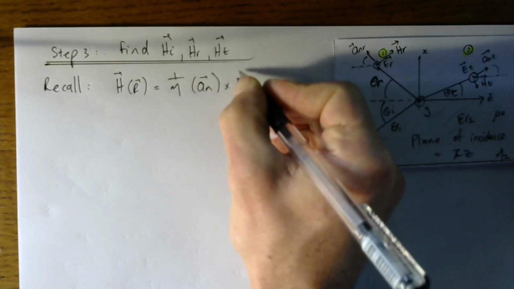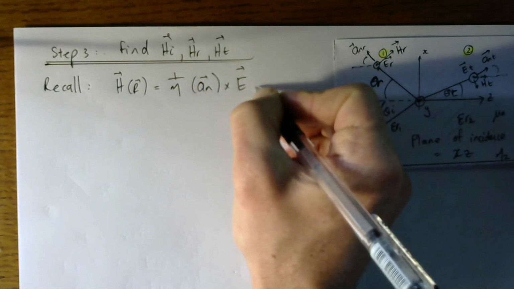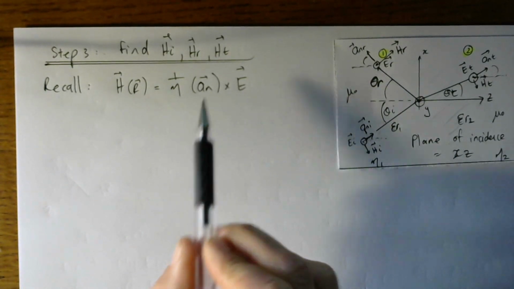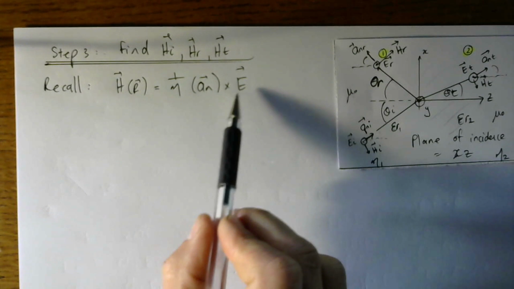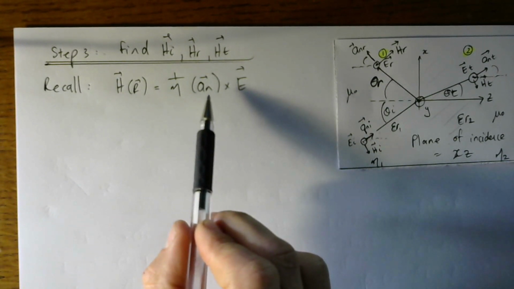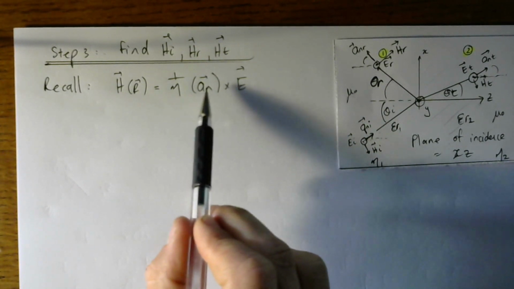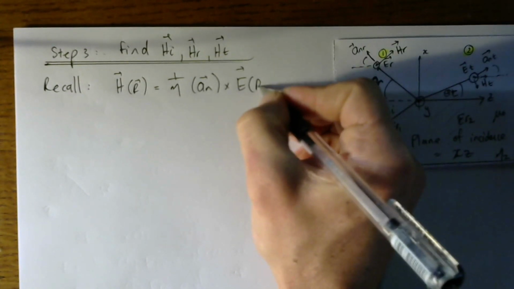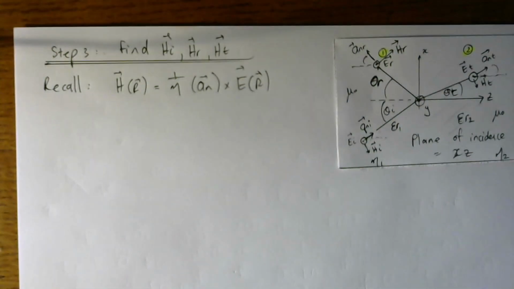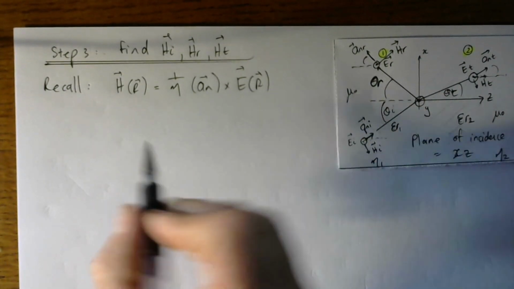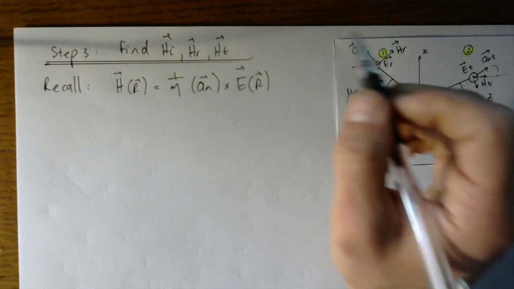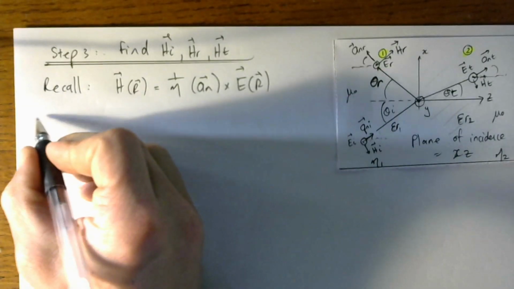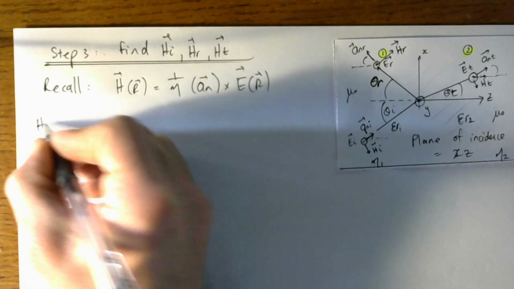This is a very useful expression where, if I work with, I know that my magnetic field is perpendicular to the electric field, and that's perpendicular to the direction of propagation given by this vector n. So I can use this expression to find my magnetic fields. This is also in the textbook. Okay. So let's go for it.